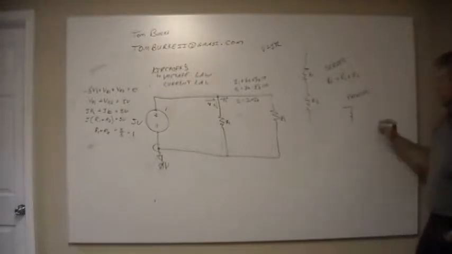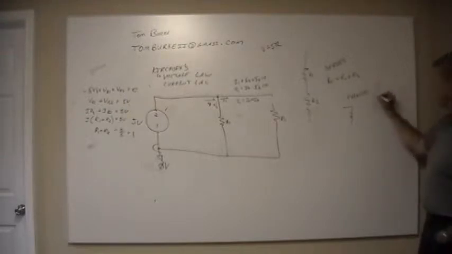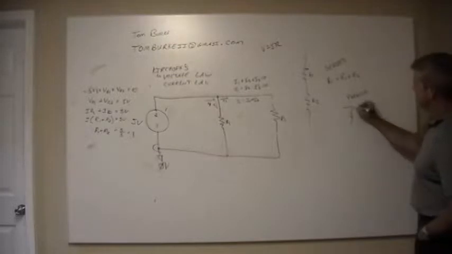Sometimes you'll see this parallel symbol, two lines together, to show a parallel circuit. So you've got two parallel resistors, R1 and R2.